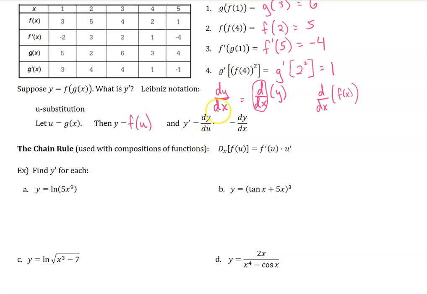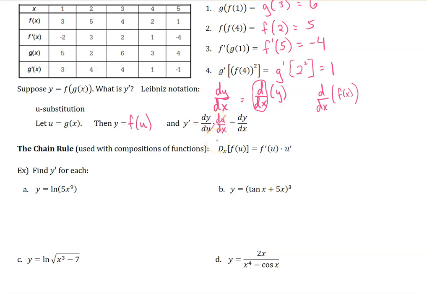So the question we're asking is, what do we need to multiply that by in order to have dy over dx? Well, not that each of these pieces is like a variable itself, but it kind of makes sense in terms of variables to say if we multiply by du over dx, then these du's will cancel out and we'll be left with a dy over dx.